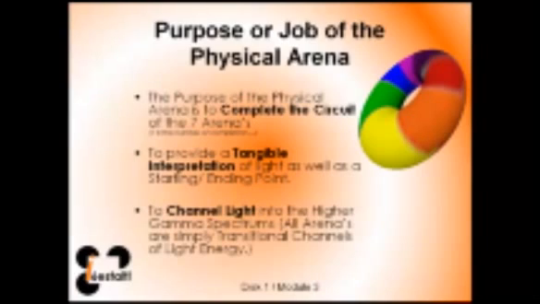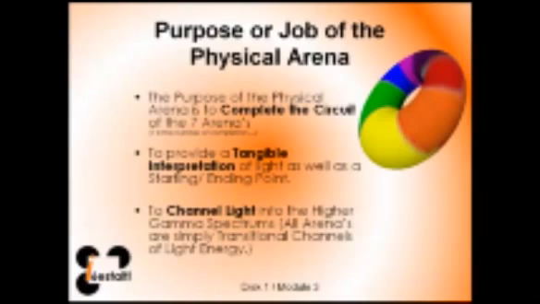And if you'll notice, the violet at the very top is now connected to the spiritual or the eternal arena. This is what I mean by it completes the circuit.